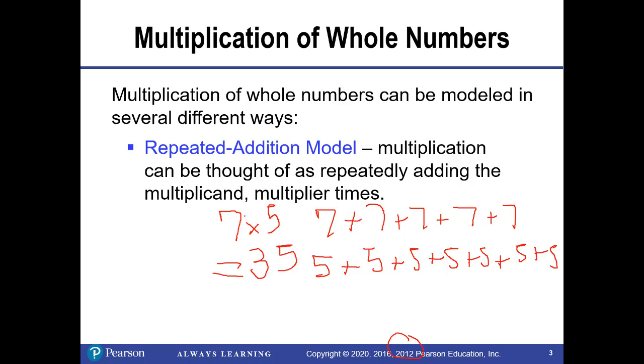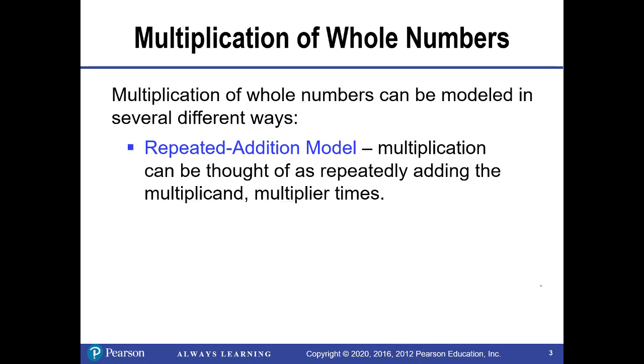It's not like subtraction, where minuend and subtrahend might still be used. Multiplication is commutative. 7 times 5 is the same as 5 times 7. So multiplicand and multiplier, for our purposes, we don't have to worry about. Know them as factors, and understand that it is repeated addition.